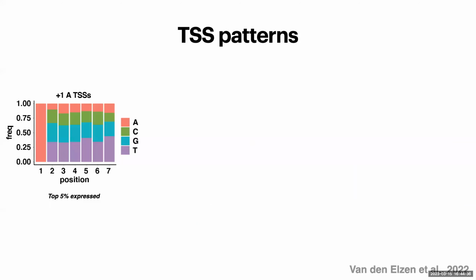So are there different patterns between these classes of mRNAs? If you look at nucleotide frequencies in the top expressed +1A mRNAs, you don't find anything really that striking. There's a slight depletion of A nucleotides at the +2 position, but otherwise fairly good representation of different nucleotides.